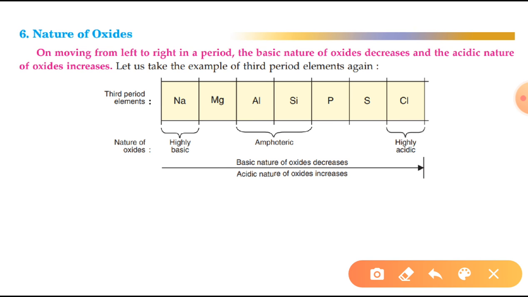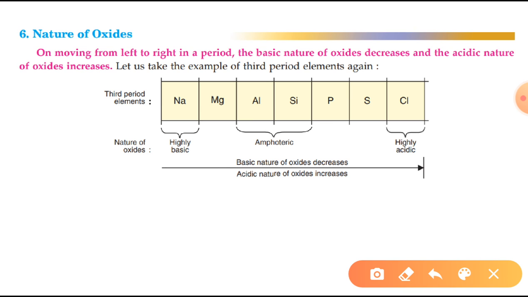When I say amphoteric oxide, it means those oxides which have common properties of both acidic oxides and basic oxides. It means that they can react with acid and also with base. When they react with acid, they behave as a base, and when they react with a base, at that time they behave as an acid. So this is the way.